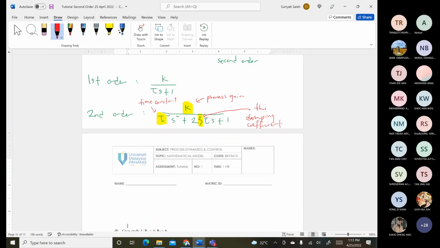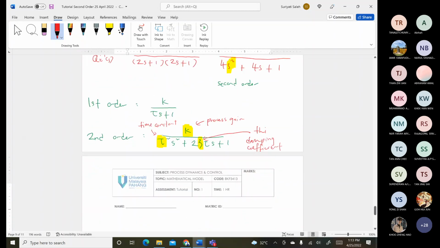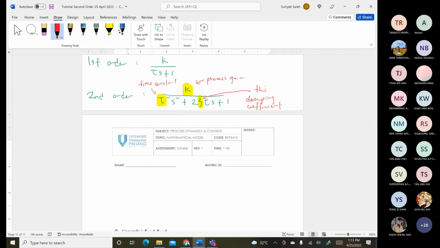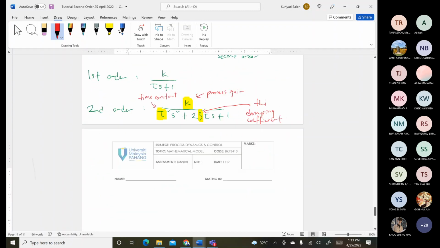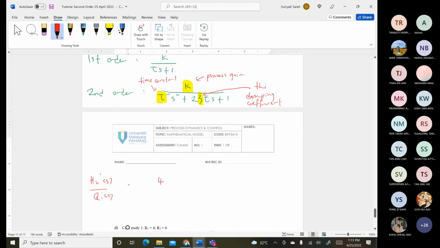So the question asks you to find the gain, time constant, and damping coefficient. What we need to do is compare. We have the transfer function here, H2 over Qi, equal to 4 over 4s squared plus 4s plus 1.